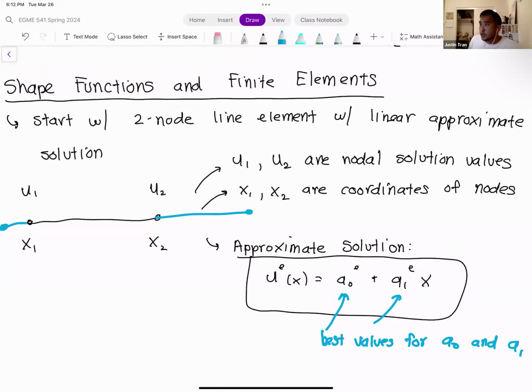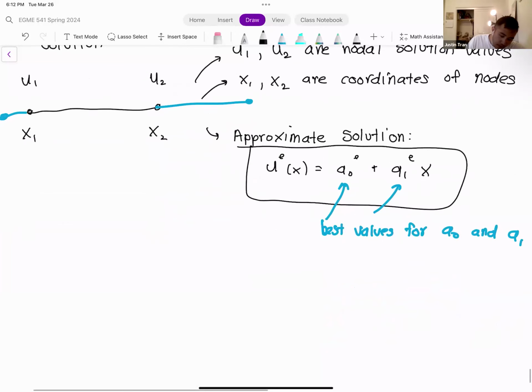The solution that we find on this element must be continuous with the solutions of its neighbors as well. And the way that we can enforce that, since we're already characterizing the solutions at the nodes, is by forcing the approximate solution to match the nodal solutions.